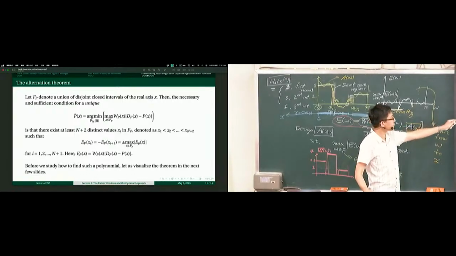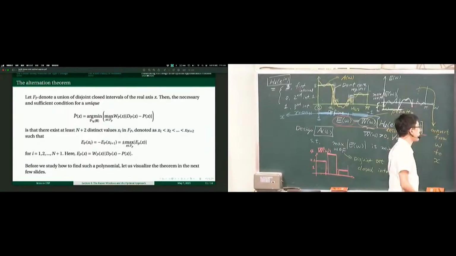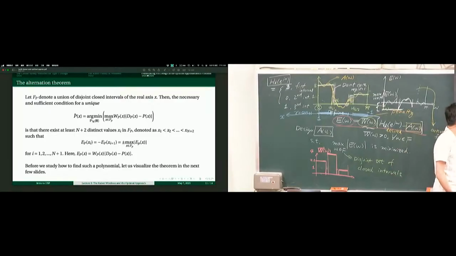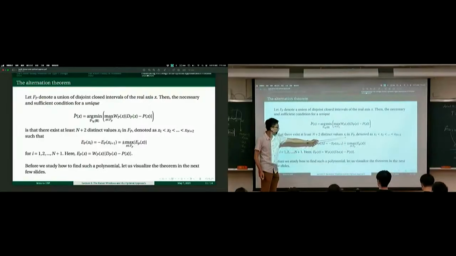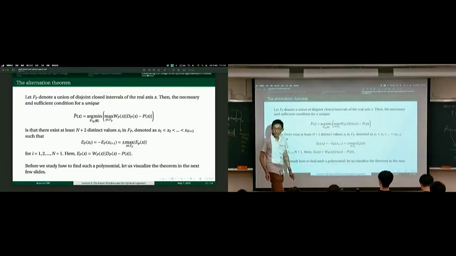The necessary and sufficient condition for a unique optimal polynomial is that there must exist at least n plus 2 places in F. Let's denote those points as x1, x2, perhaps all the way to x n plus 2. Perhaps even more.